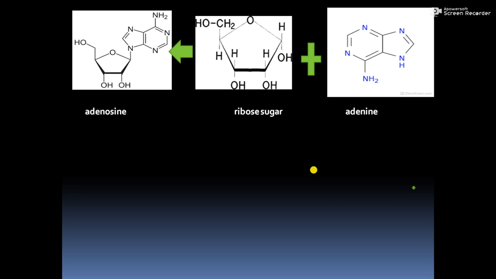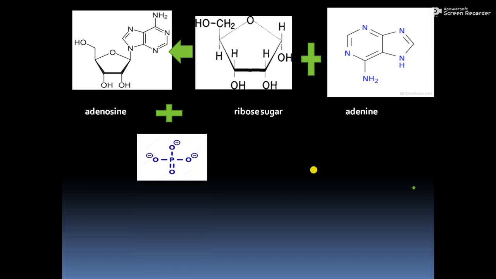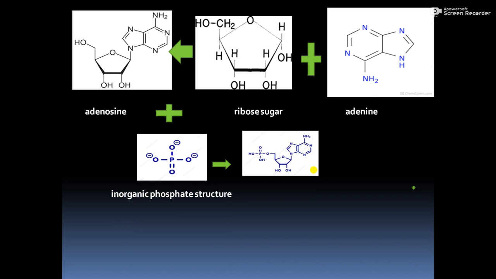So, when adenine and ribose sugar mix together, they form a new chemical structure, a nucleoside, and it is adenosine. And when an inorganic phosphate is added to adenosine, they form a new chemical substance called adenosine monophosphate. Adenosine being added with a phosphate is a phosphorylation process.